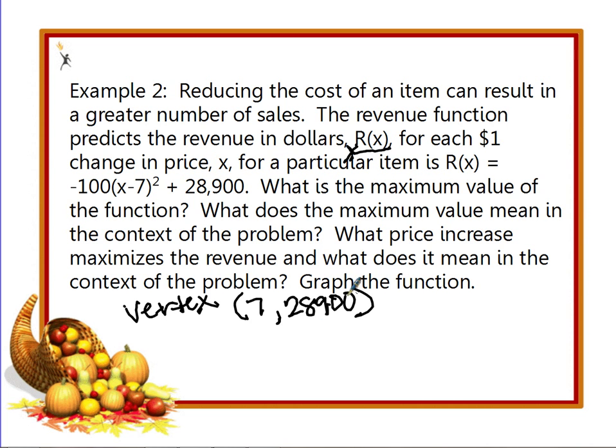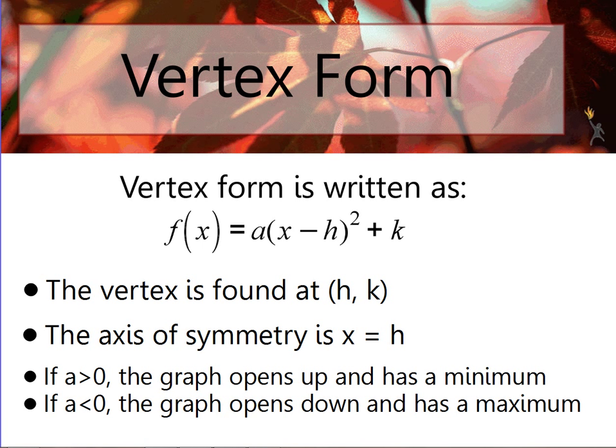So we're going to have to adjust our graph scale to match our problem. Next, what else can vertex form tell us? The axis of symmetry is at x equals h. In this case, x equals 7. So let's put those two things on our graph.